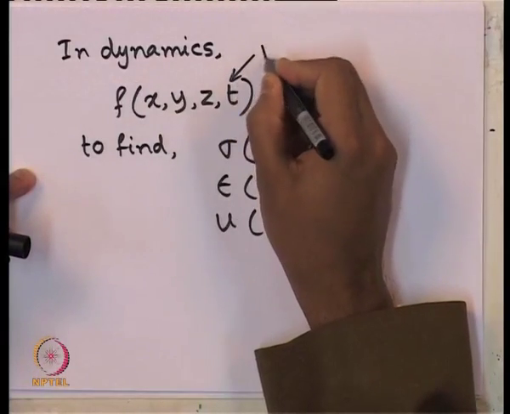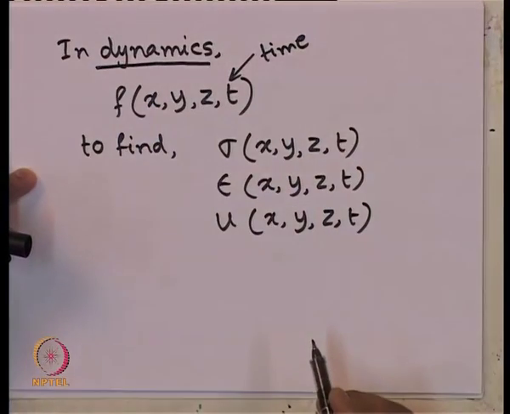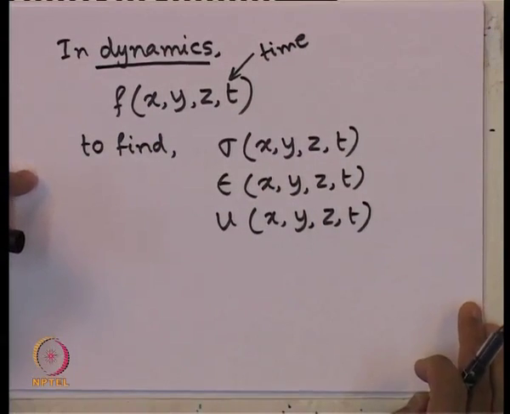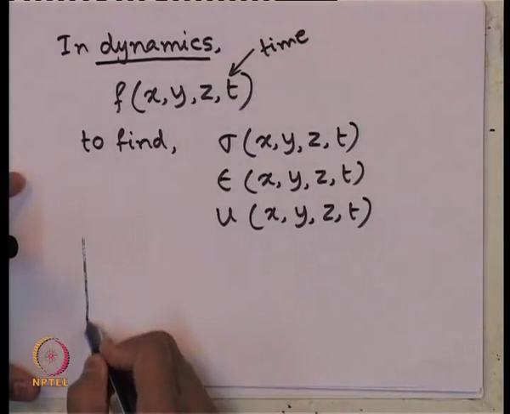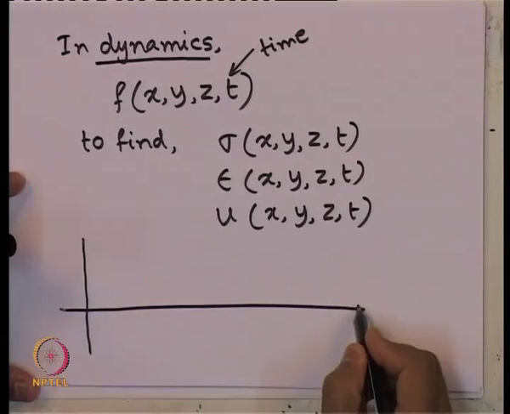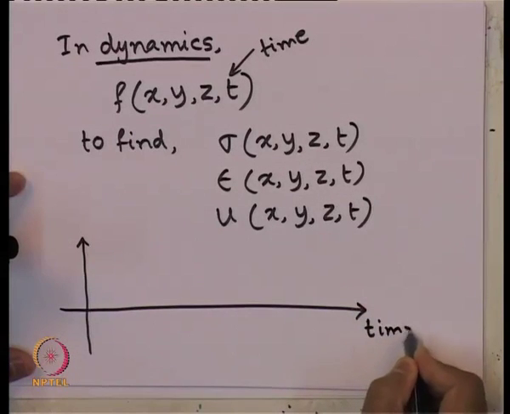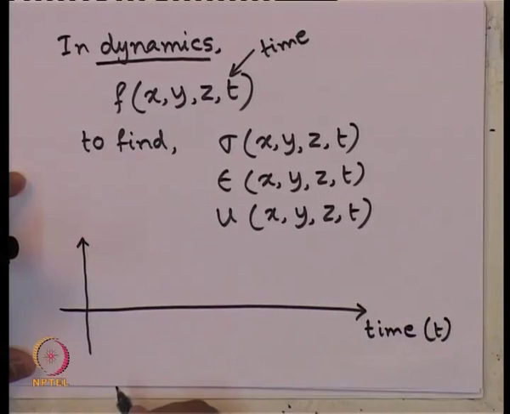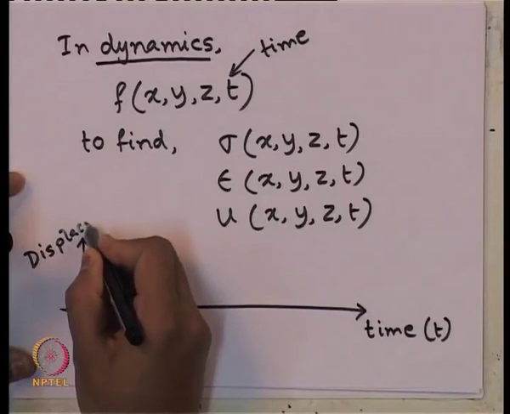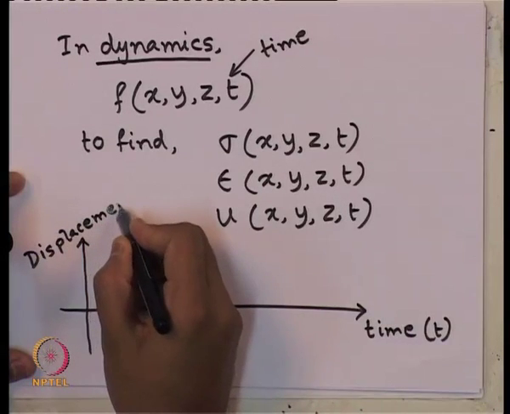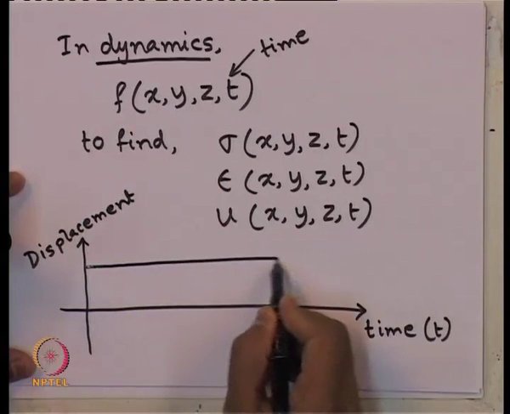So, this additional factor of time is required to deal with problems in dynamics when we are comparing with the similar problem in statics. Suppose we want to plot the behavior of, say, displacement with respect to variation of time. In the case of a static problem it will remain constant.